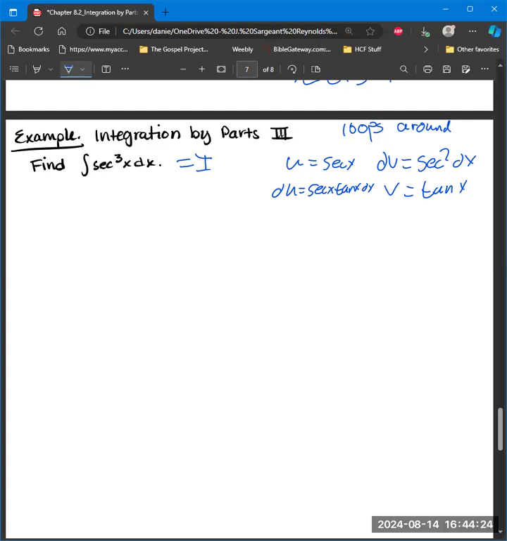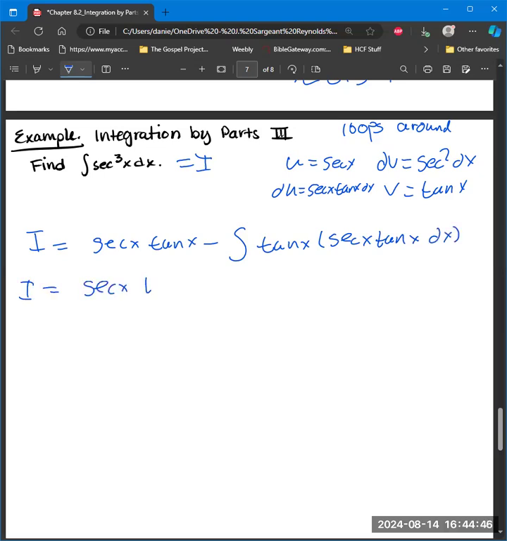And so I is going to be equal to uv minus the integral of v du. So I is equal to secant tangent minus the integral of secant tangent squared.